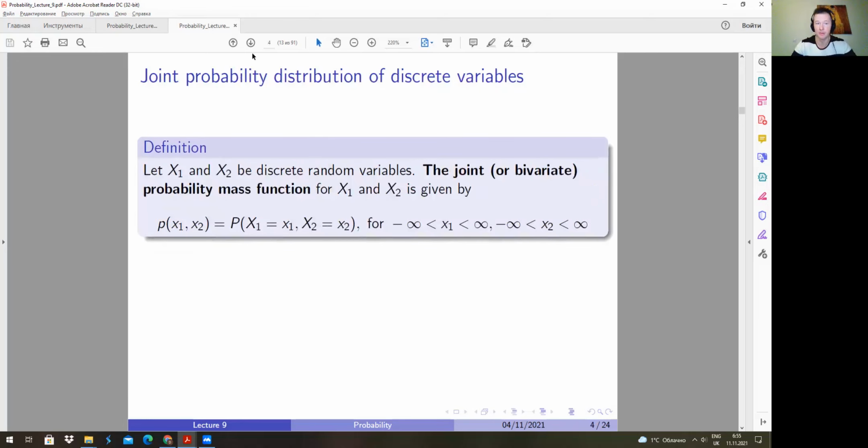So we define the probability mass function for a discrete random vector. And this probability mass function is just the probability that 2 random variables simultaneously take 2 values, x1 and x2. It's like the intersection of 2 events that we discussed in the first lecture.